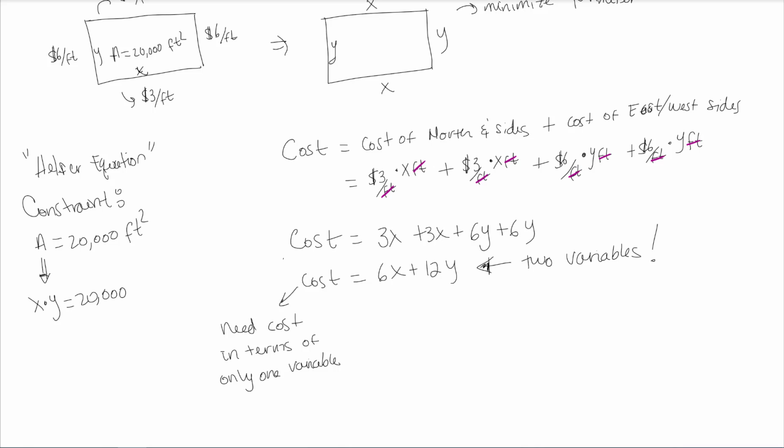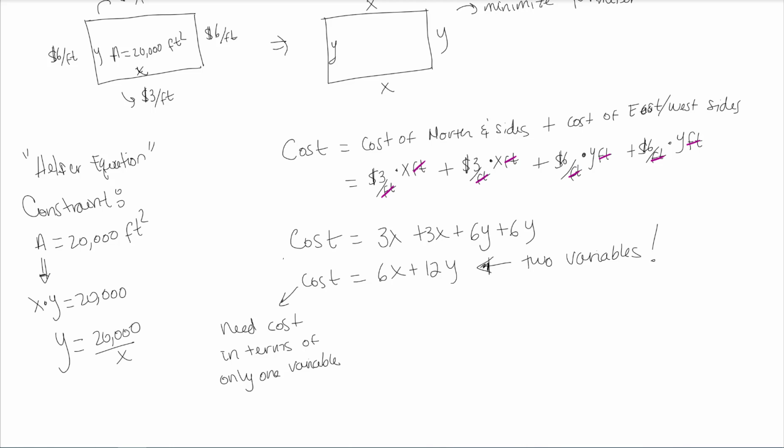So I need to replace either x or y. Which one is easier? In the previous example, we saw that y was easier, but here it doesn't really matter which one. We're used to seeing functions in terms of x, so I'm going to solve for y, so that when I replace y, I'll have x there and x there. So divide both sides by x: 20,000 over x is y.